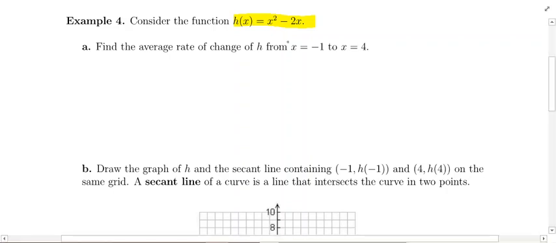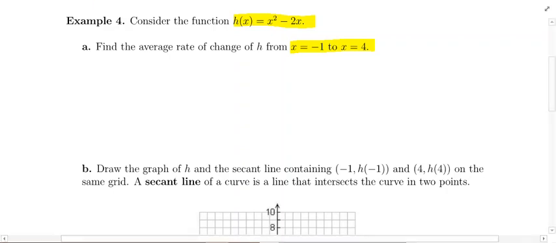If you look at this function, we haven't graphed it out. We're actually going to sketch a graph of it in part B, but this is a polynomial. Its domain is all real numbers, so its graph is defined over the entire x-axis. We're not interested in the entire graph. We're only interested in the portion of the graph between these two x values, between x equals -1 and x equals 4.